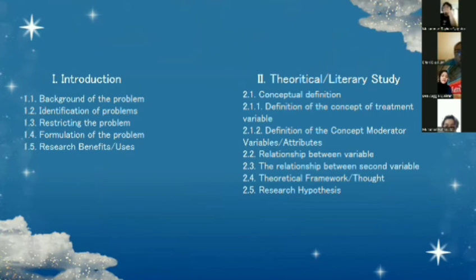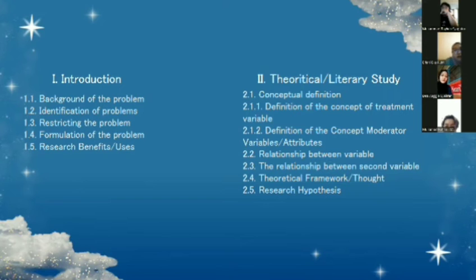The first, for chapter 1, there is introduction, which consists of background of the problem, and then identification of problems, restricting the problem, formulation of the problem, and research benefits and use.